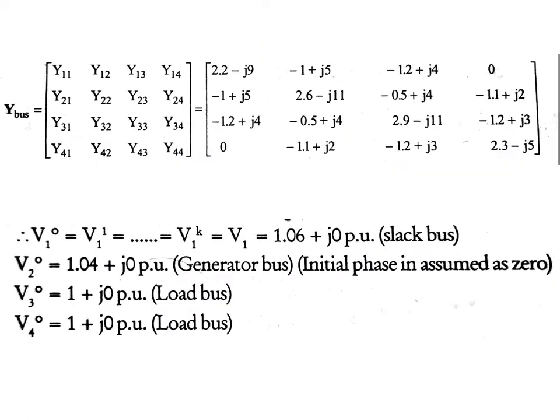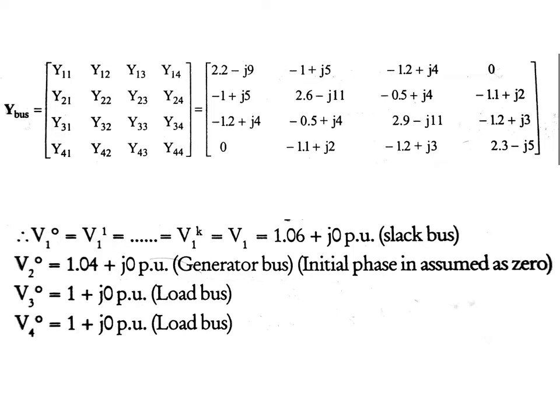The first step is to form the Y bus matrix as we studied earlier. Here it is a 4 bus system, so the Y bus will also be of order 4 by 4. The first element Y11 is obtained by adding all the admittances connected directly to the first bus.